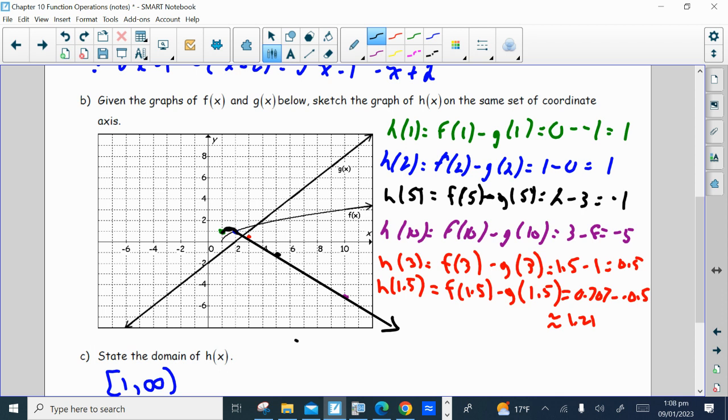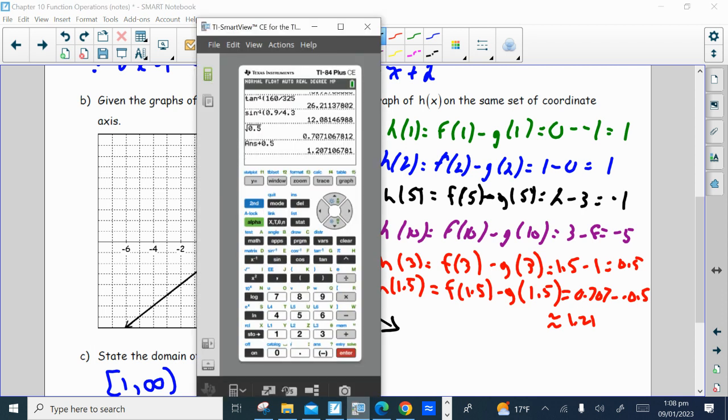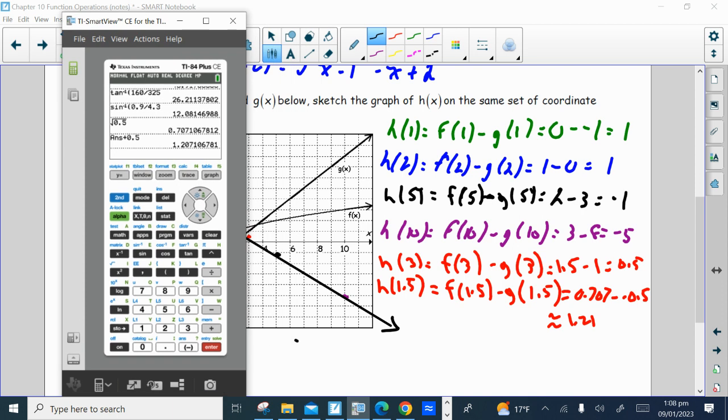And assuming that the highest point is between 1 and 2, which is at 1.5, that would make our maximum value 1.21. But to make sure, we can use our graphing calculator to see if that is actually the highest point. Let's find our maximum. Let's go second function trace.